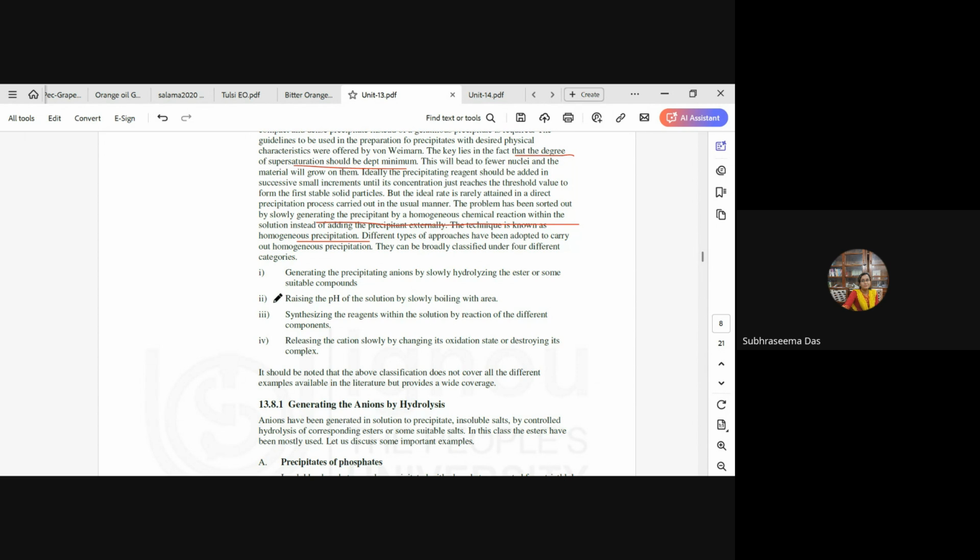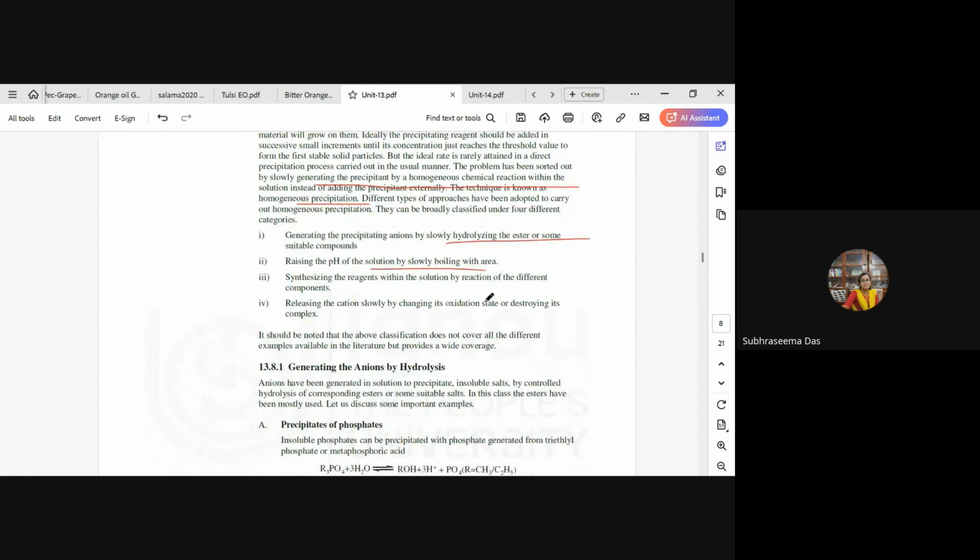The first is generating the precipitating anions by slowly hydrolyzing an ester or some suitable compound. The second is raising the pH of the solution. Third is synthesizing reagents within the solution by reacting different reagents. And the fourth is releasing the cation slowly by changing its oxidation state or by destroying its complex.